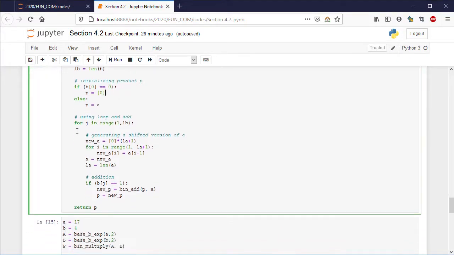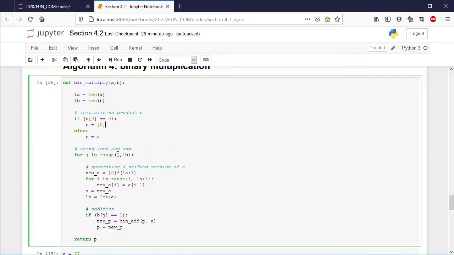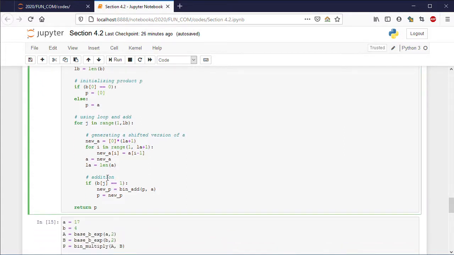And then for J in range from 1 to LB, this LB stands for the length of B, I'm going to shift all the bits to the left for 1 bit.